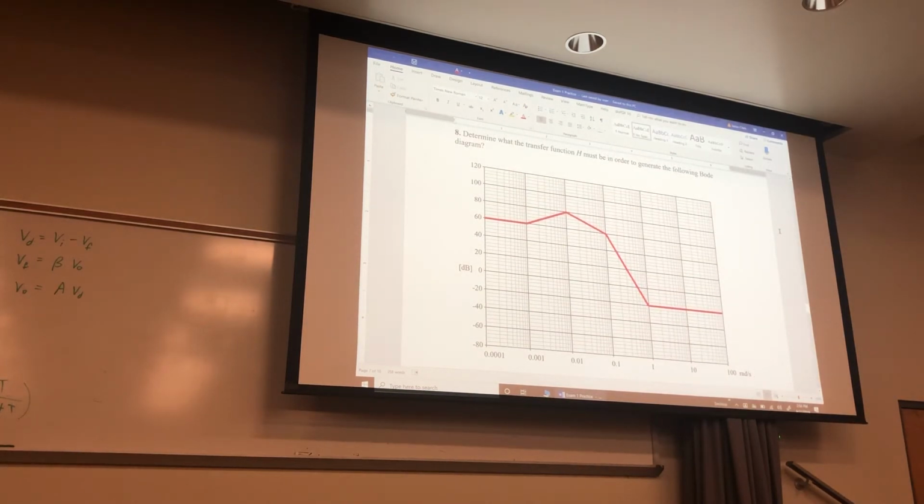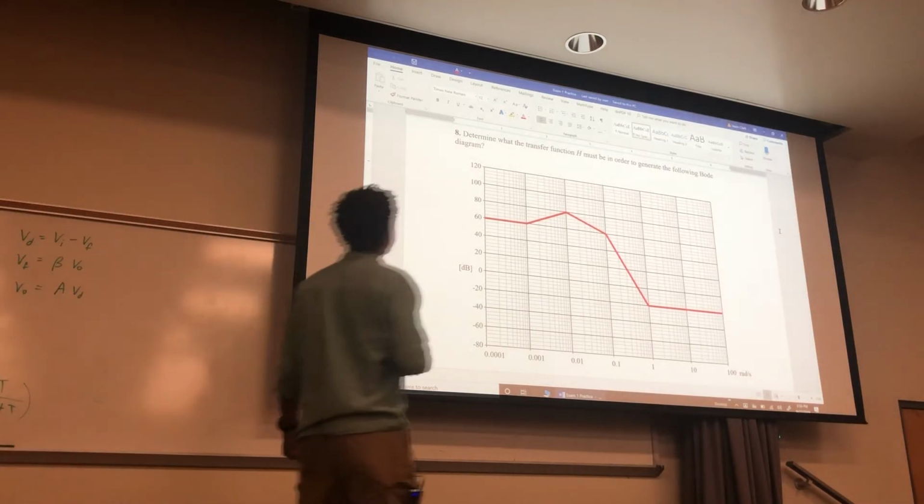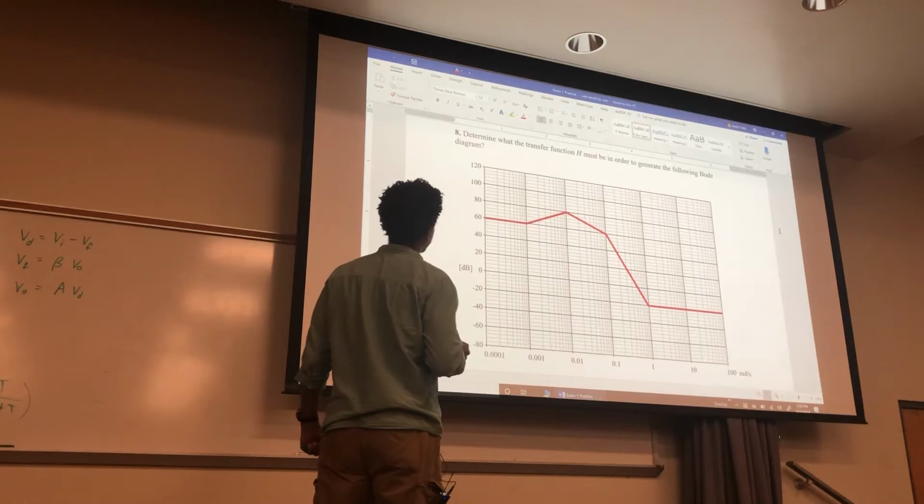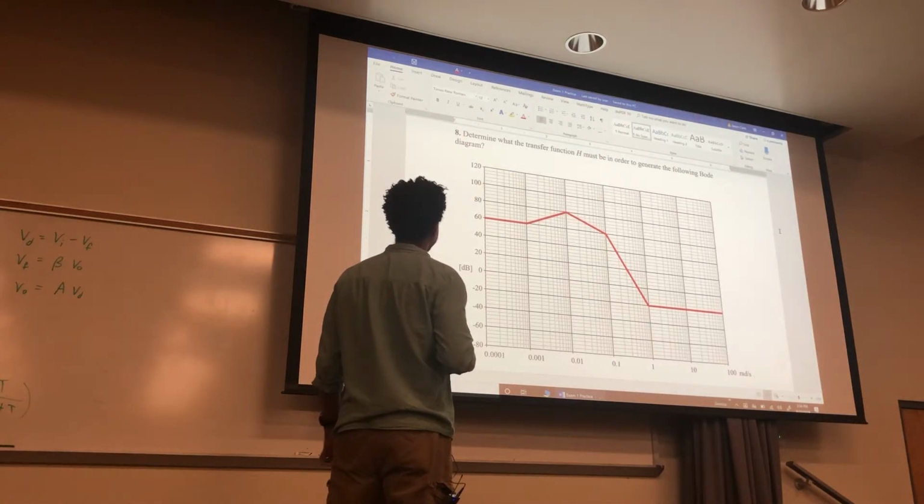Okay, so for this one right here, determine what the transfer function H must be in order to generate the following Bode diagram. It's right here.